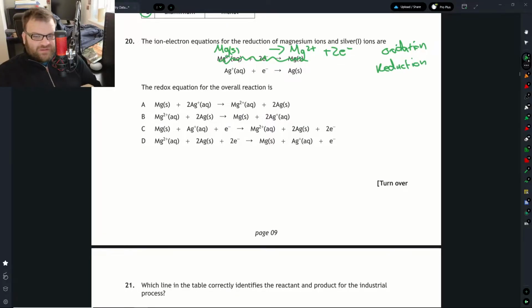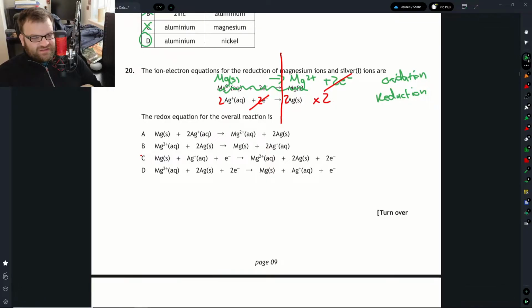Next up, before you combine them, they have to have the same number of electrons. This means this bottom one needs to be multiplied by 2. Let's put a 2 in front of all of those. If we imagine that we split this down the middle, we've got everything on the left together, everything on the right together, we can cancel out these electrons. That's why we needed both of them to have the same. In a redox equation, there are no electrons present, so let's get rid of that.